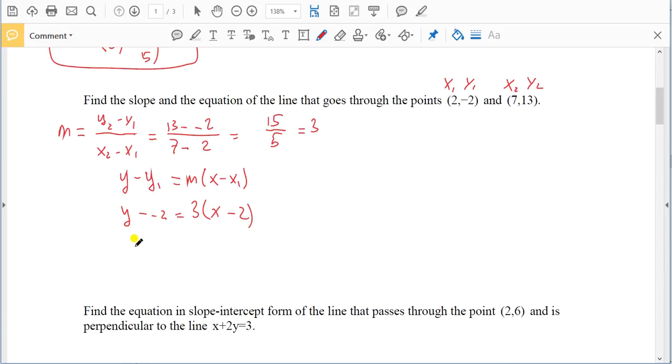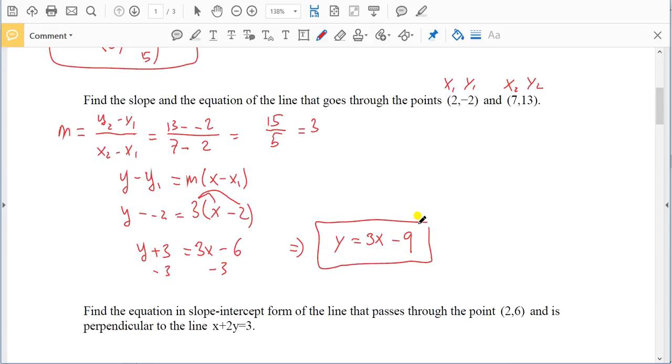And then y minus minus becomes plus, and multiply 3 to the inside, 3 times 2 is 6, and subtract 3 on both sides to solve for y, and that is y equals 3x plus 6 minus 3, that's y equals 3x plus 3, and this is the equation of the line that we are looking for.